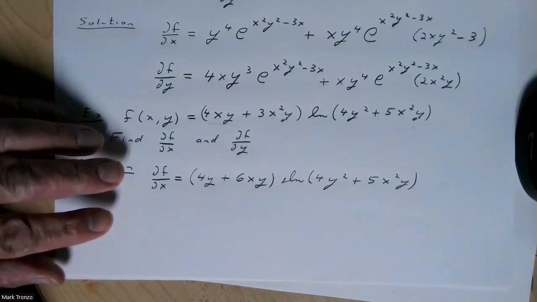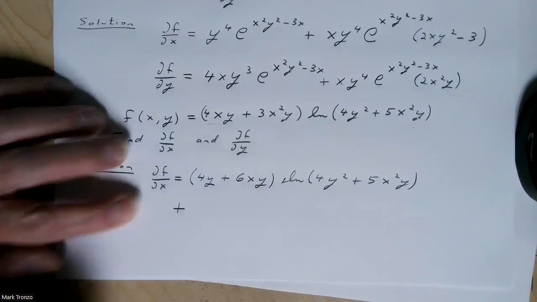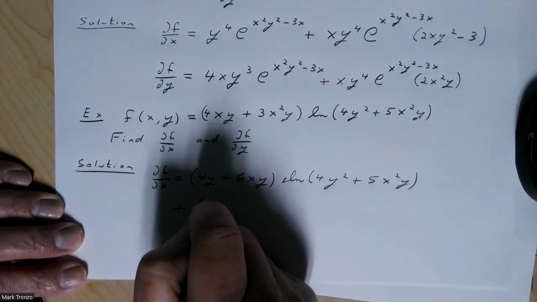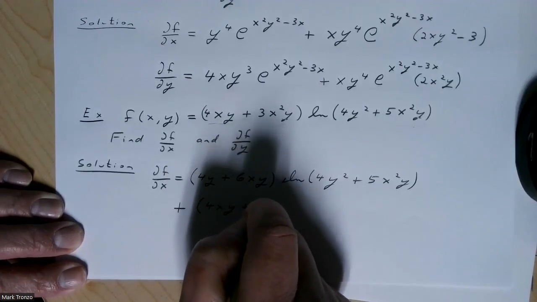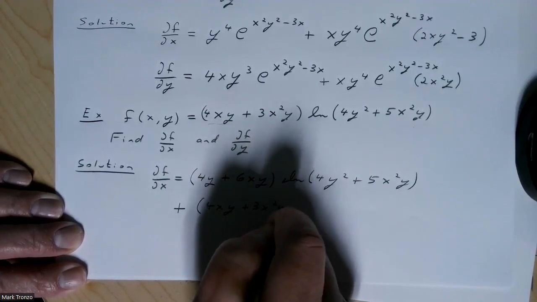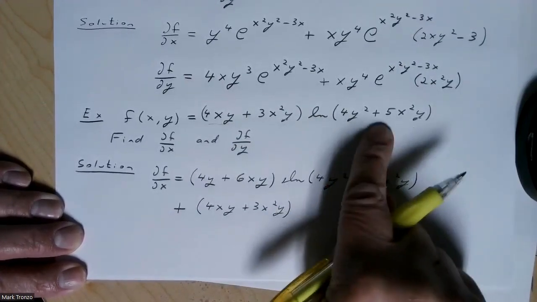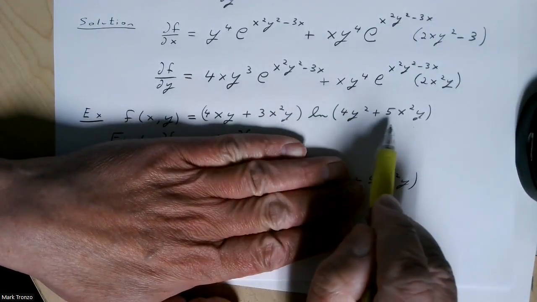So it's the derivative of the first times the second, then plus, I'm going to need more room, so I'm going to put this down here, plus the first times the derivative of the second, which is this one here. So it's going to be the first times the derivative of the second.